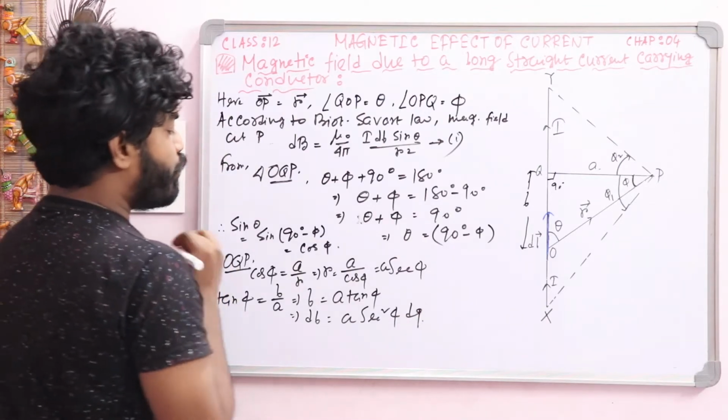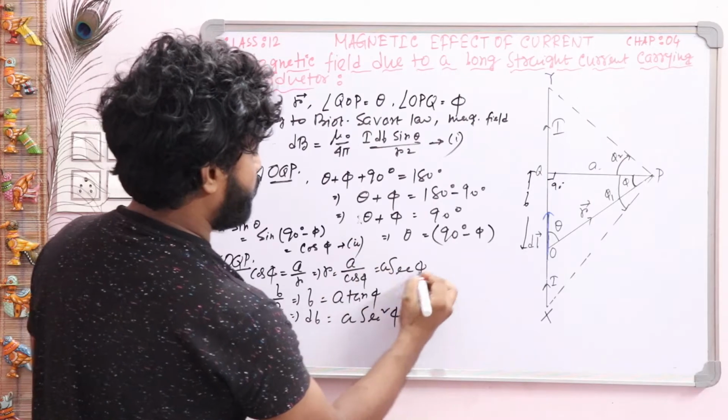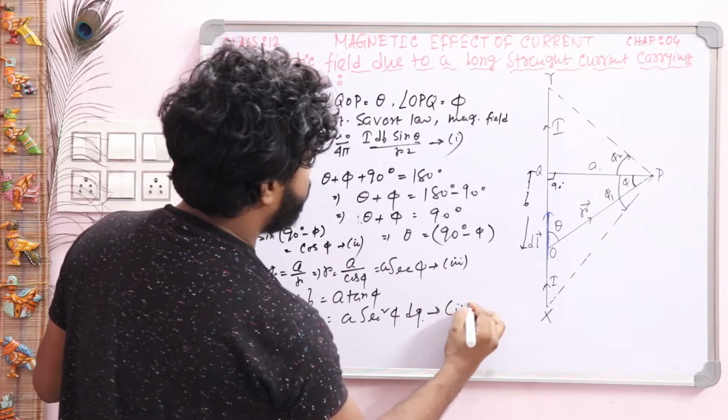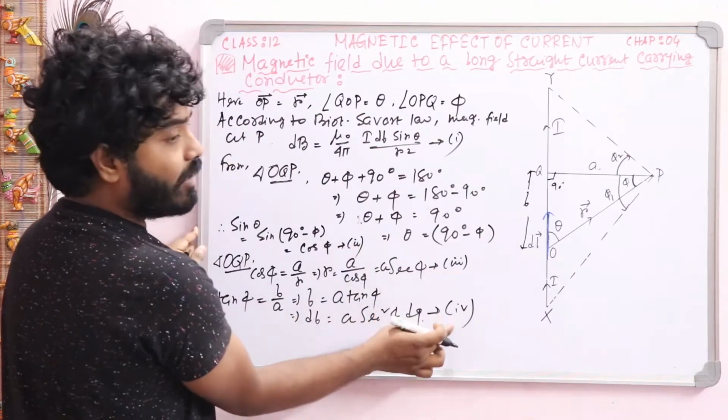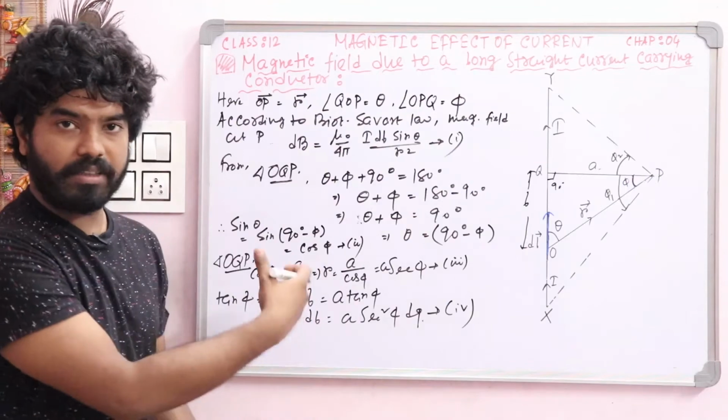Okay, now putting these values, suppose this is equation 2, this is equation 3, and this is equation 4. Now putting equations 2, 3 and 4 in equation 1, first you write down this one, you can take a screenshot.